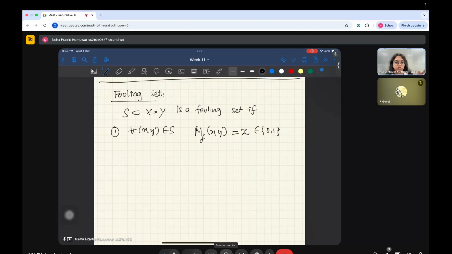So all of them are zeros or all of them are ones. This is similar to the monochromatic property.